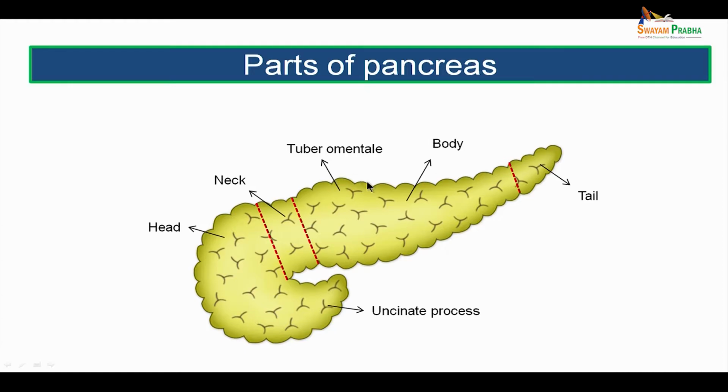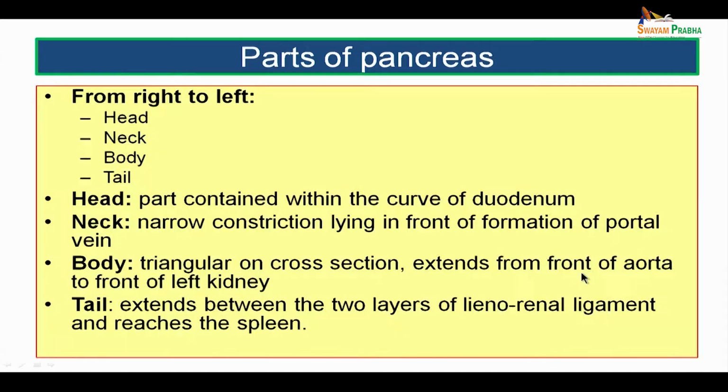Along the upper border of the body of pancreas, we see a projection which is called the tuber omentale. So, the parts of the pancreas from right to left are head, neck, body and tail. Head is a part contained within the curve of the duodenum.